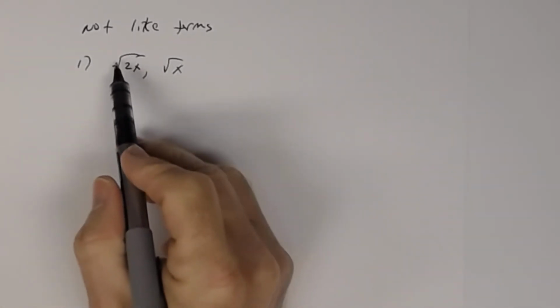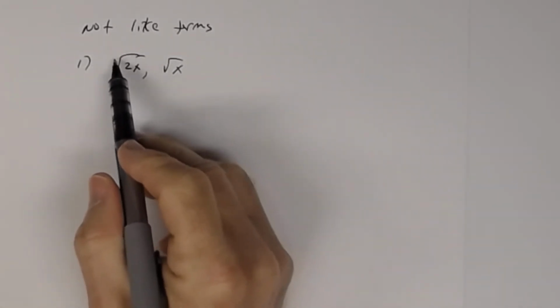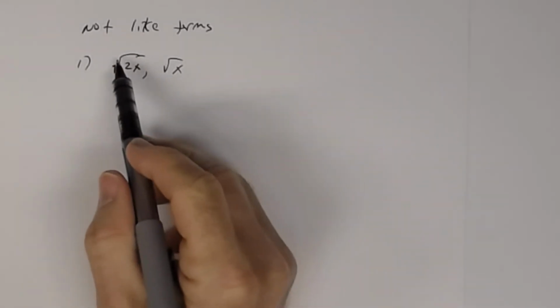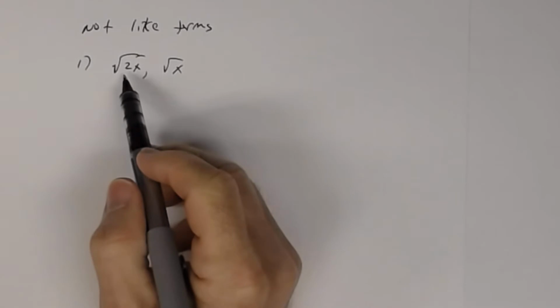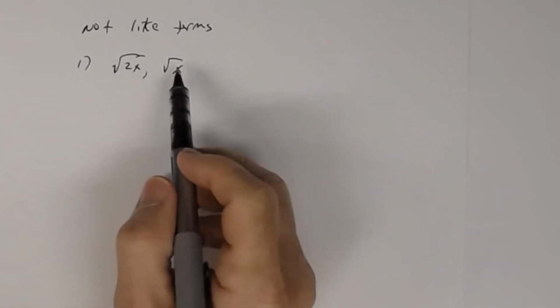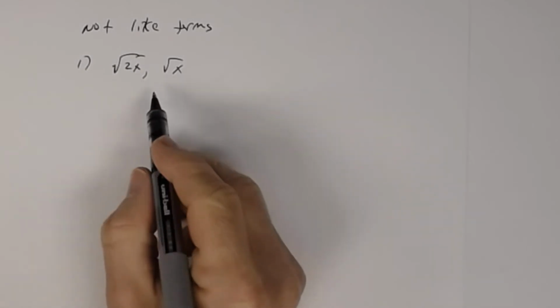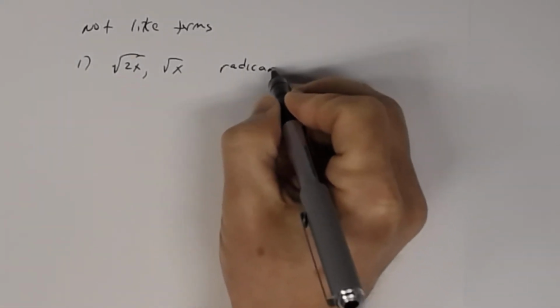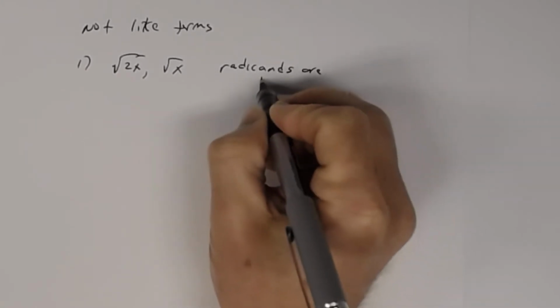Those are not like terms because, well, first of all, the indices are the same. So that's not the issue, right? They're both square roots. But the issue is the radicands are different. So this is 2x, this is x. All right, so those are not like terms. The radicands are different.